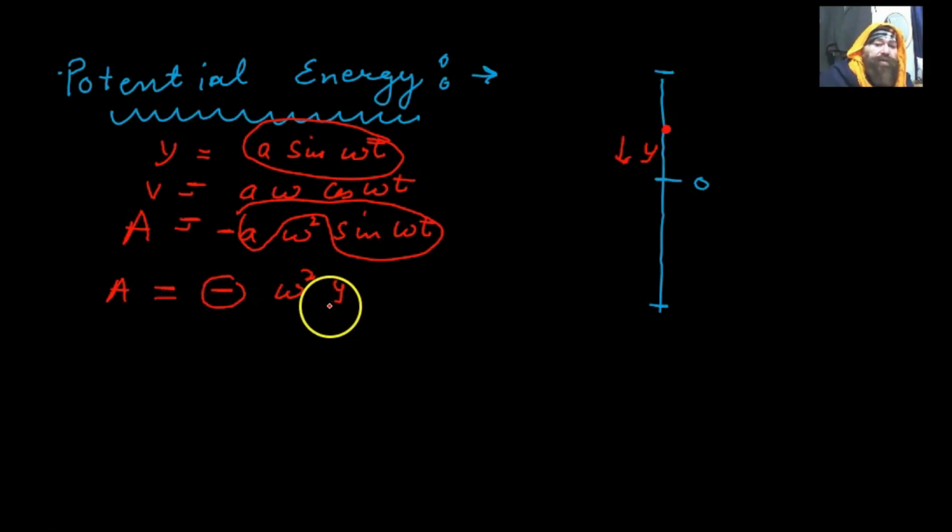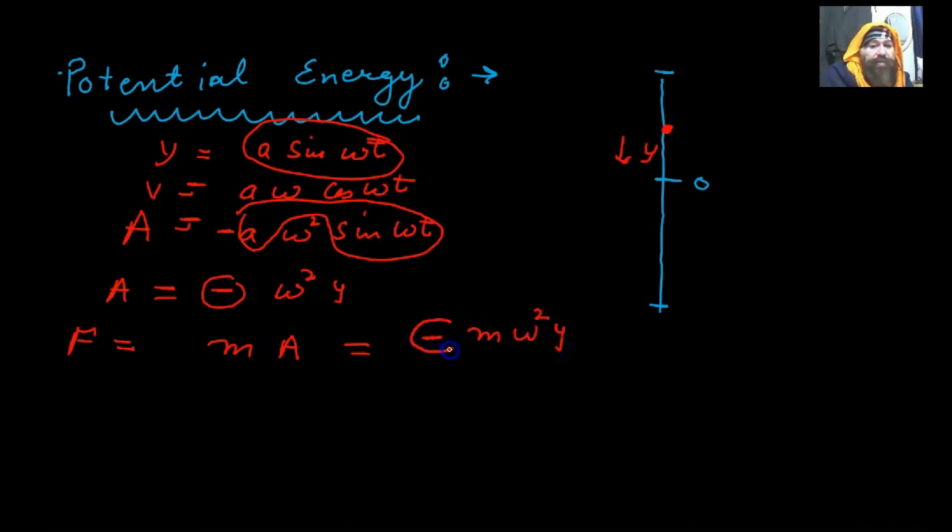If there is acceleration, that means the particle will experience a force. Force is mass into acceleration, so substituting a, it becomes minus m omega square y.